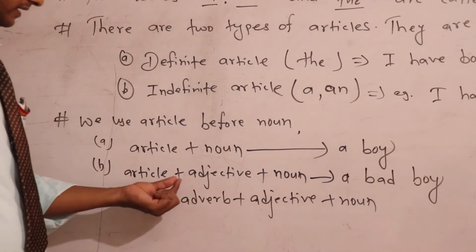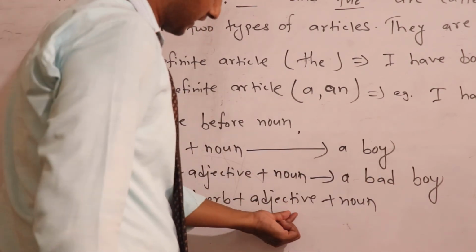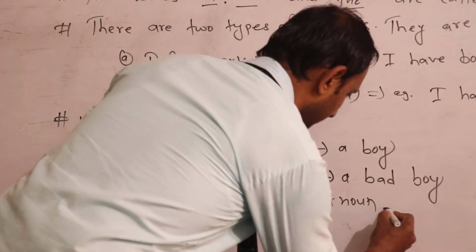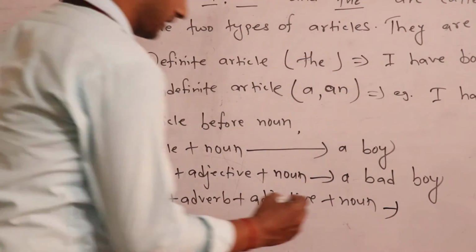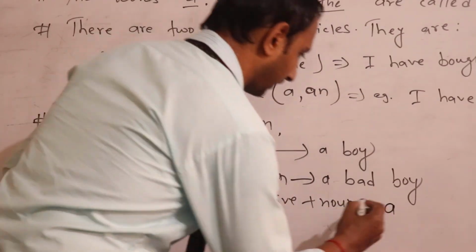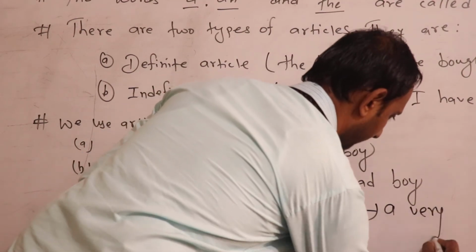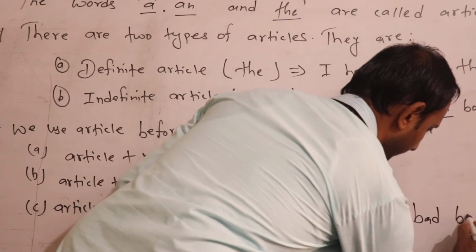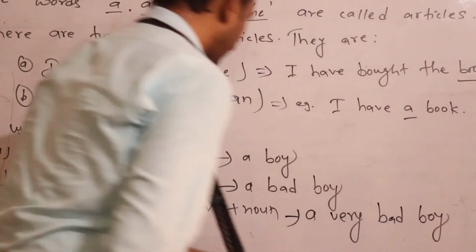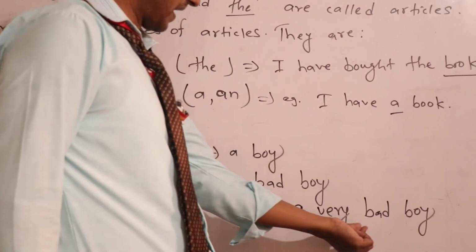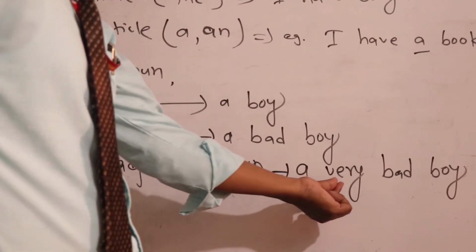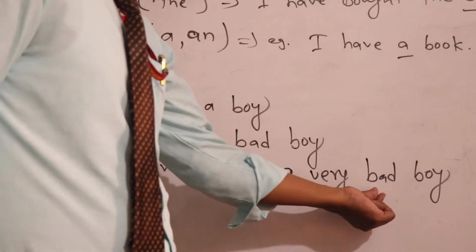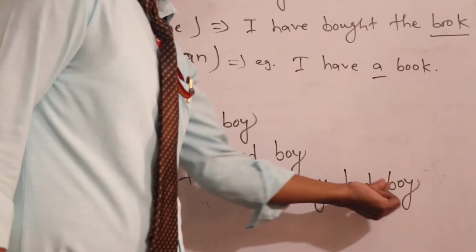Now here article plus adverb plus adjective plus noun. So here article a, adverb very, adjective bad, noun boy: a very bad boy.